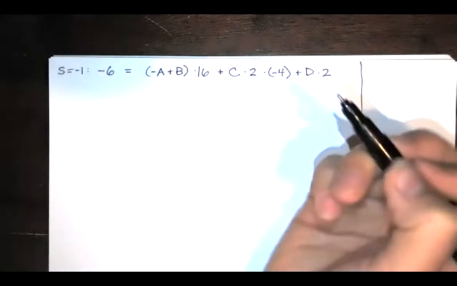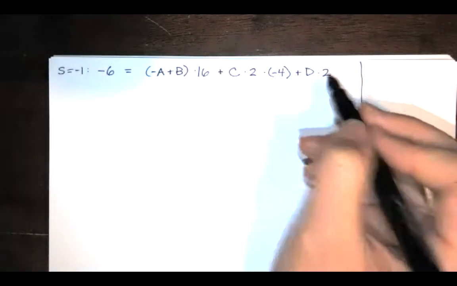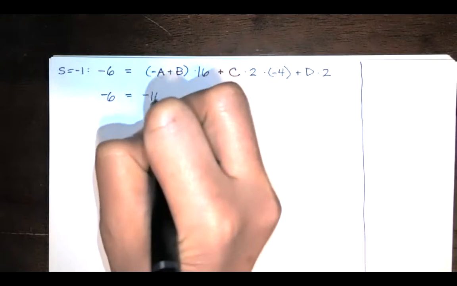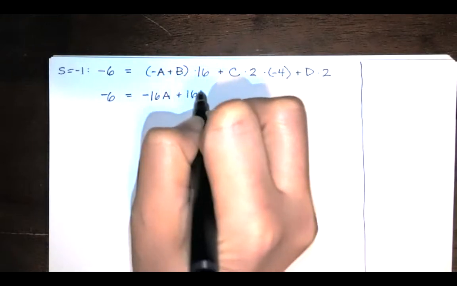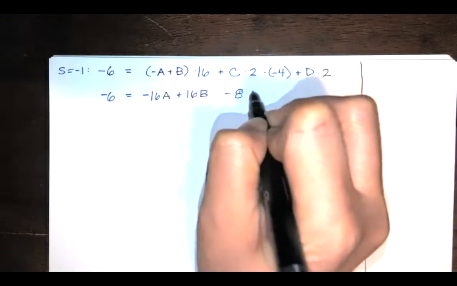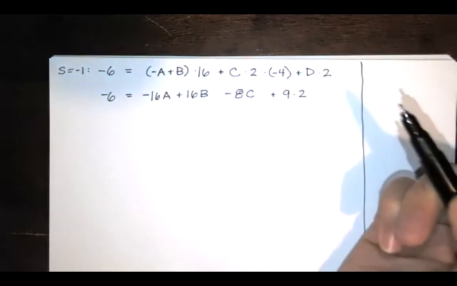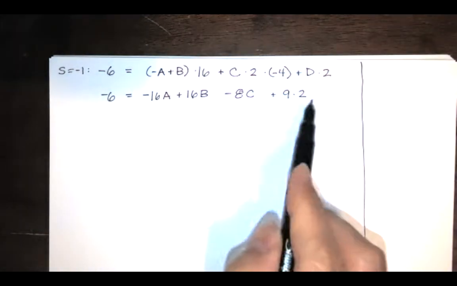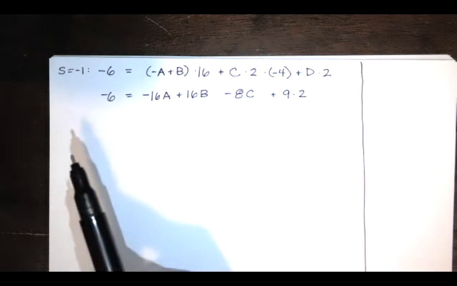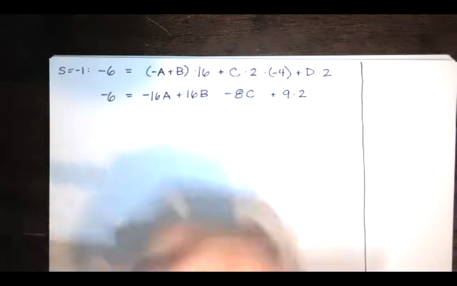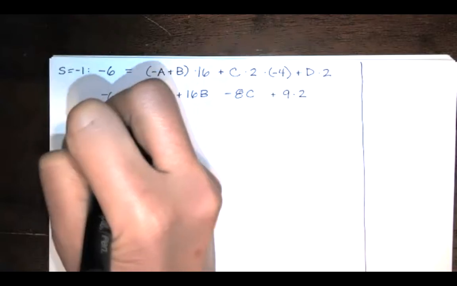Okay, now let's simplify and remember that D is equal to 9. So I'll distribute that 16. So I have 18 over here. If I subtract 18 from both sides, negative 6 minus 18 is going to be negative 24.